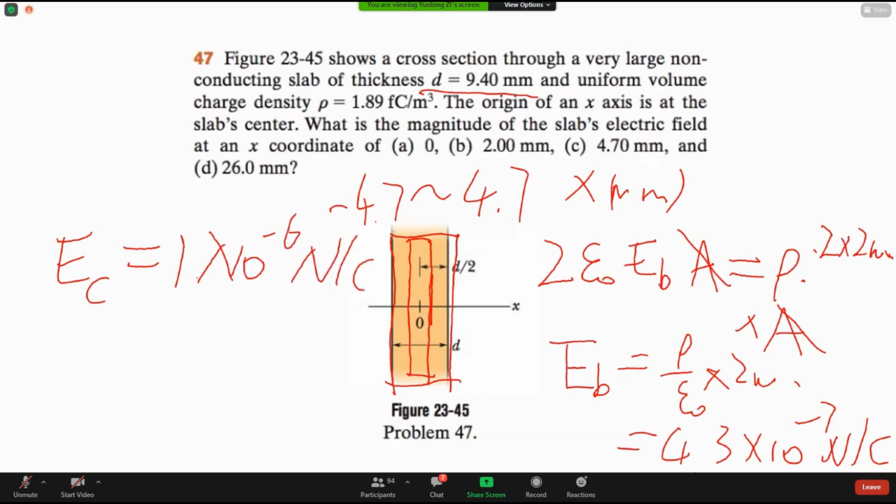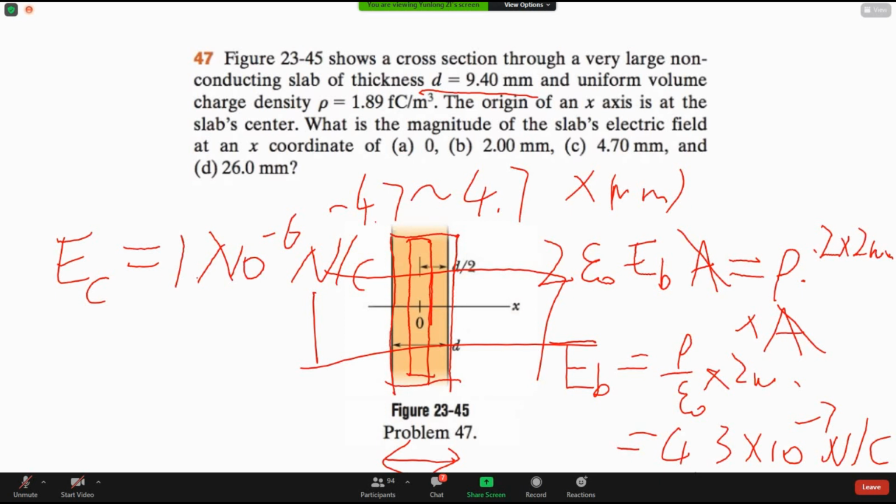Then for 26 millimeters, it's already outside. So you go outside, build the Gaussian surface, and check the enclosed charge. But please pay attention: I only have the total thickness of 9.4.